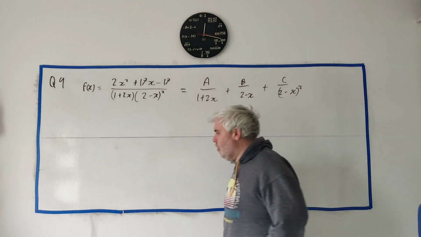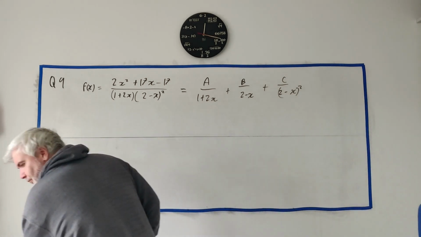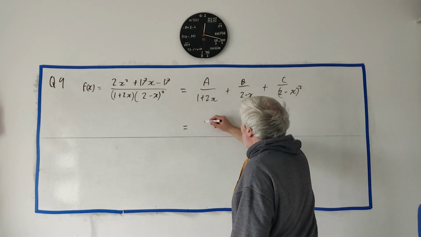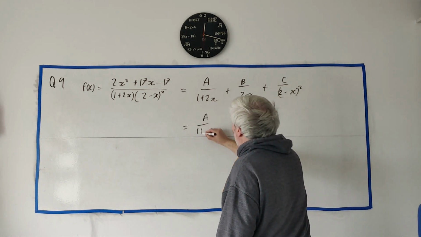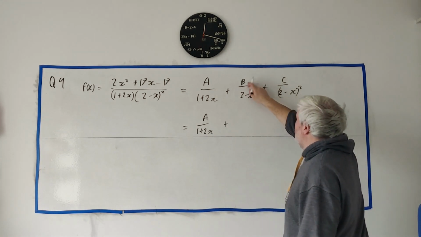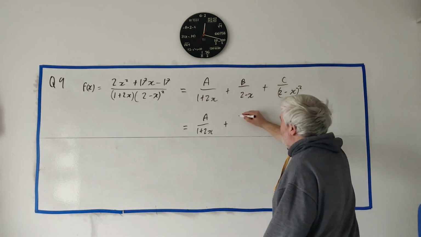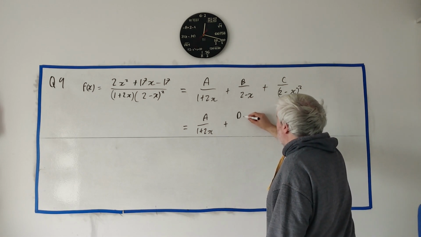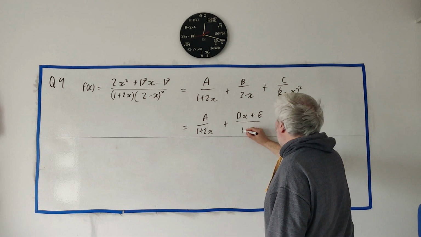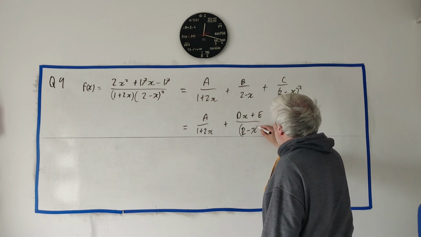What I usually use is the form A over 1 plus 2x, plus, I shouldn't really use B and C because they're actually different letters, Dx plus E over (2 minus x) squared.